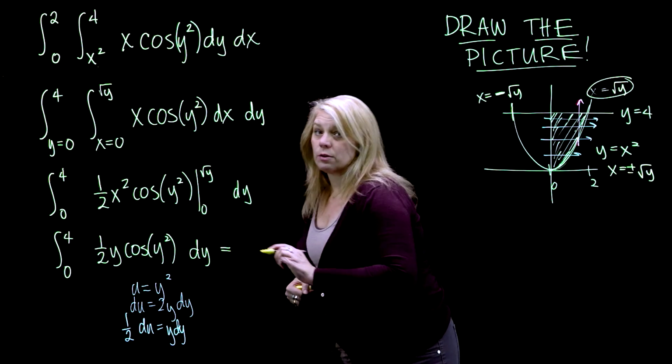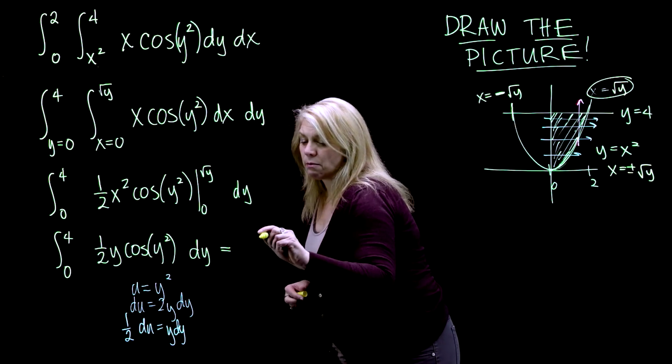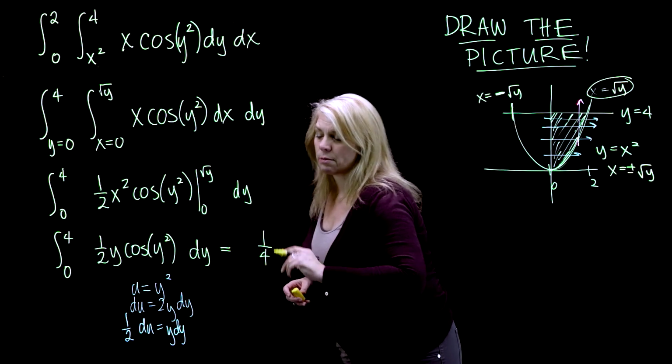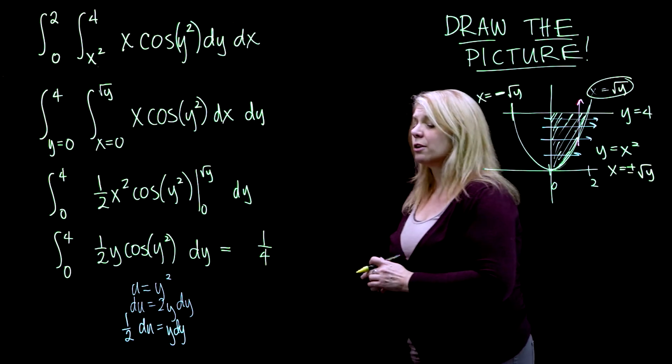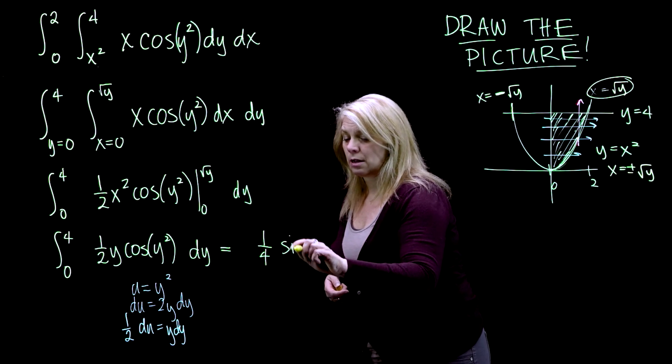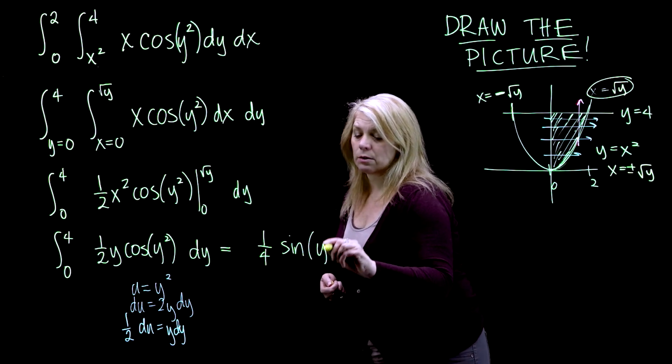Okay, so I'm just going to do this integral in my head. All right, so 1/2 that's here times the other 1/2 that I get from the other u substitution will be 1/4.